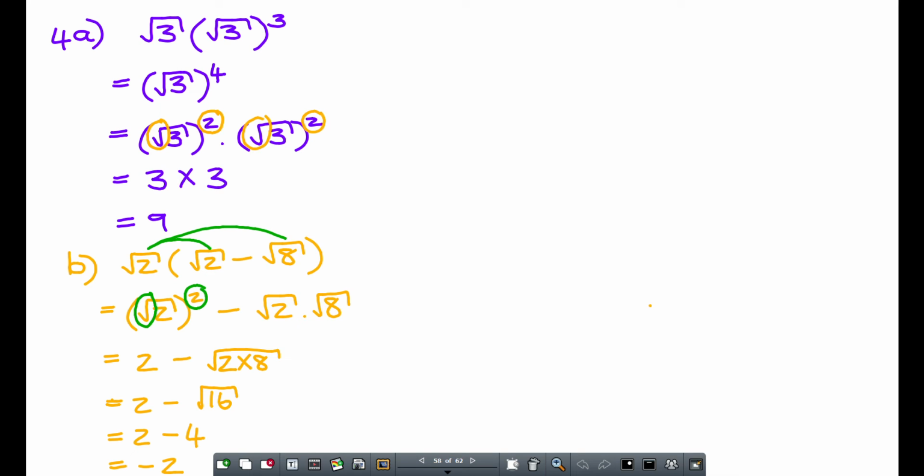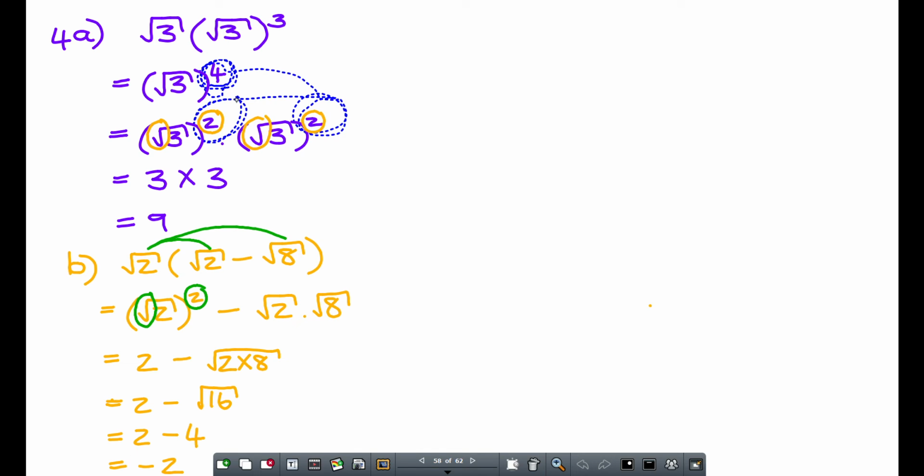But because I knew that the opposite of a square root would be a square, I showed you that I broke them up into groups, saying square root of 3 to the power of 2 times square root of 3 to the power of 2. Because the 2 here and the 2 there gives me this 4. Do you guys get that?